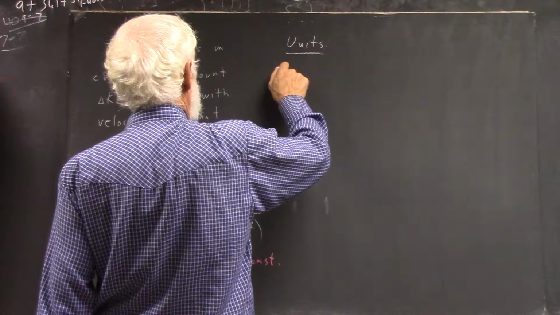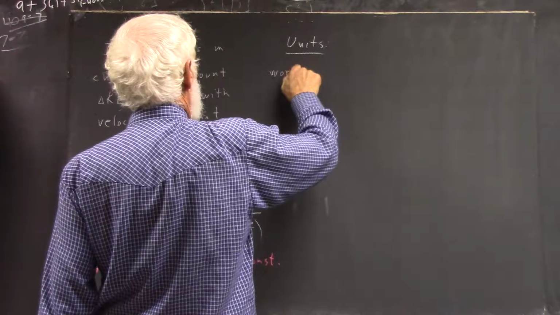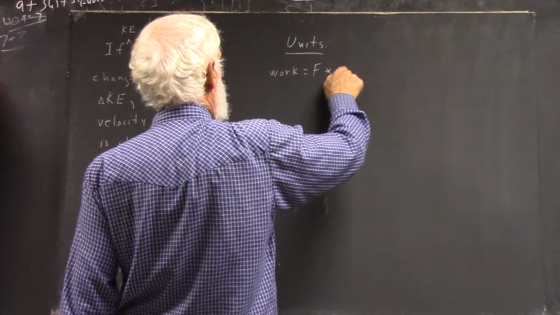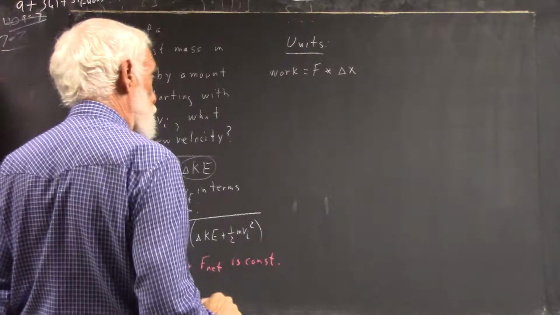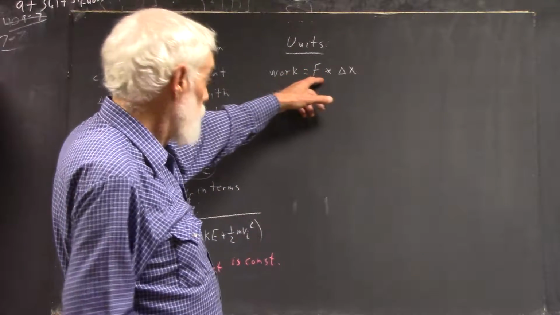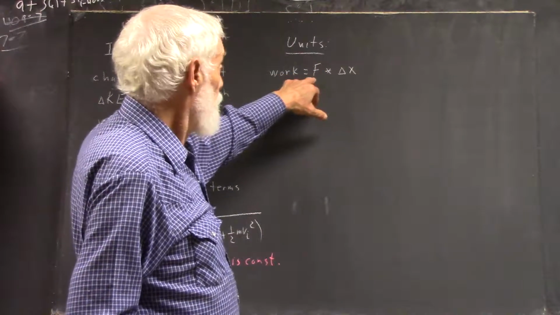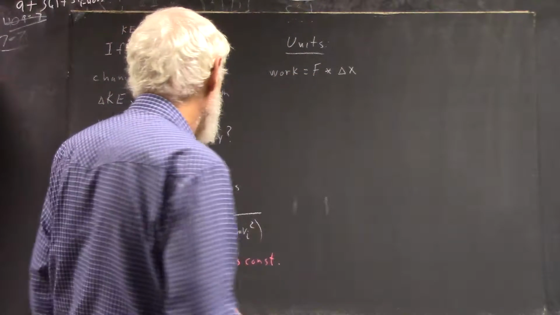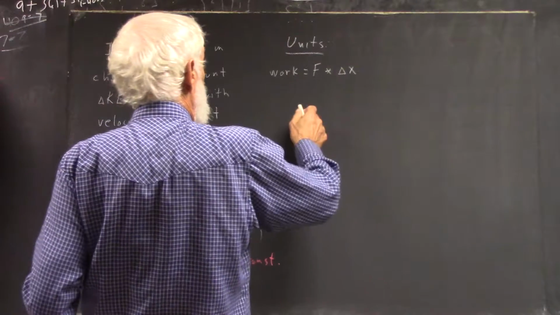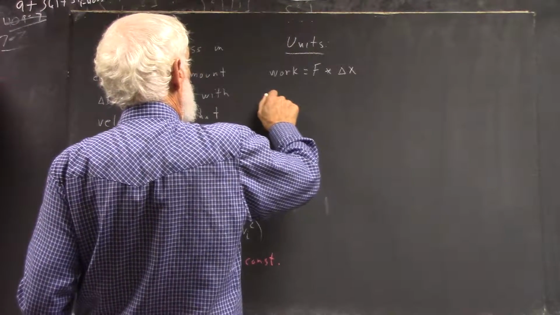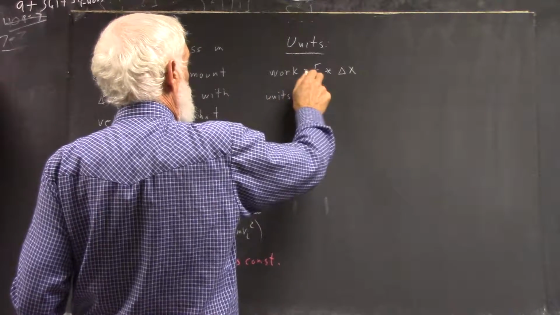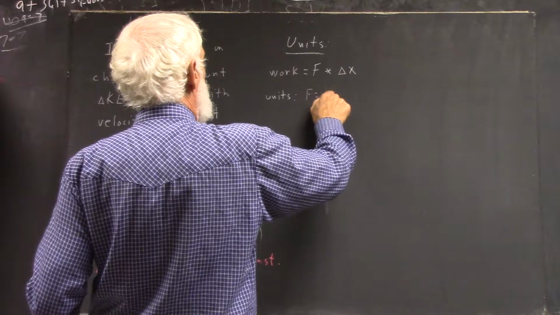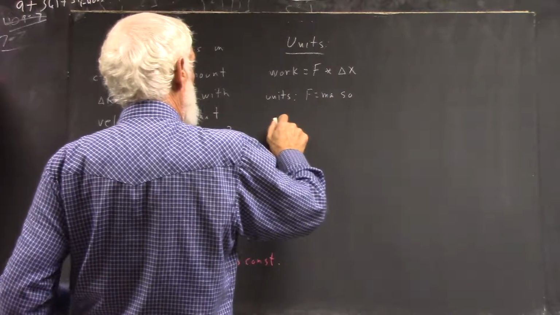Okay, work has units of force times delta x. Now the work done by the net force is the net force times delta x, but work in general by any force, whether it's a net force or not, is the product of that force and delta x. So what are the units of F? Well, remember that F equals ma.